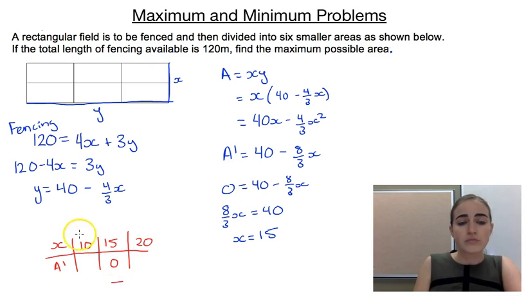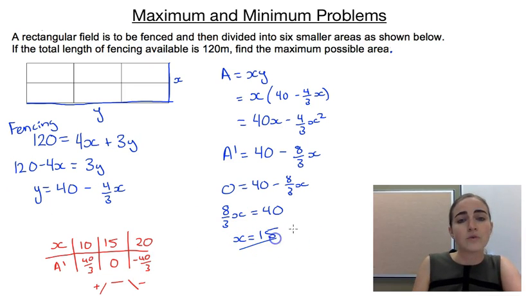So we know it's a stationary point here. If we substitute 10 into the derivative here, we would end up with 40 over 3, which is a positive value. And if we substitute in 20, we'd end up with minus 40 over 3, which is a negative value. So this has clarified that it is definitely a maximum that we're looking at.